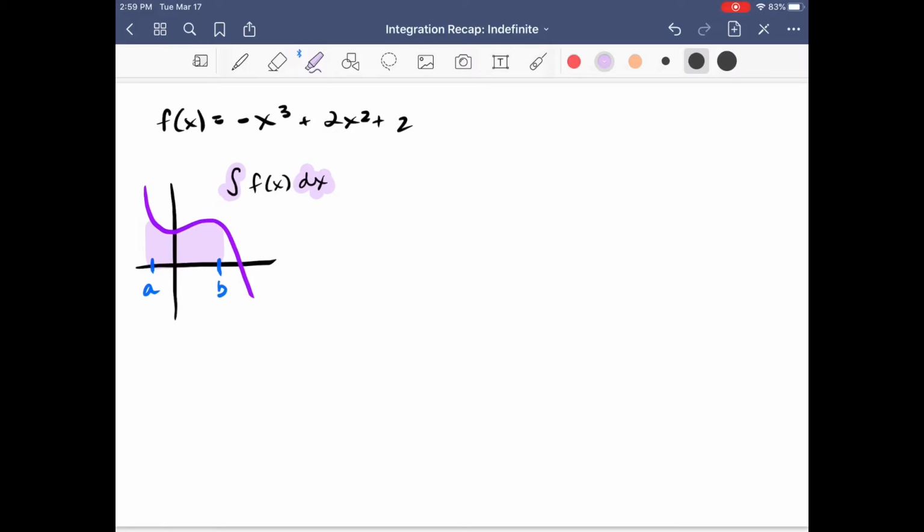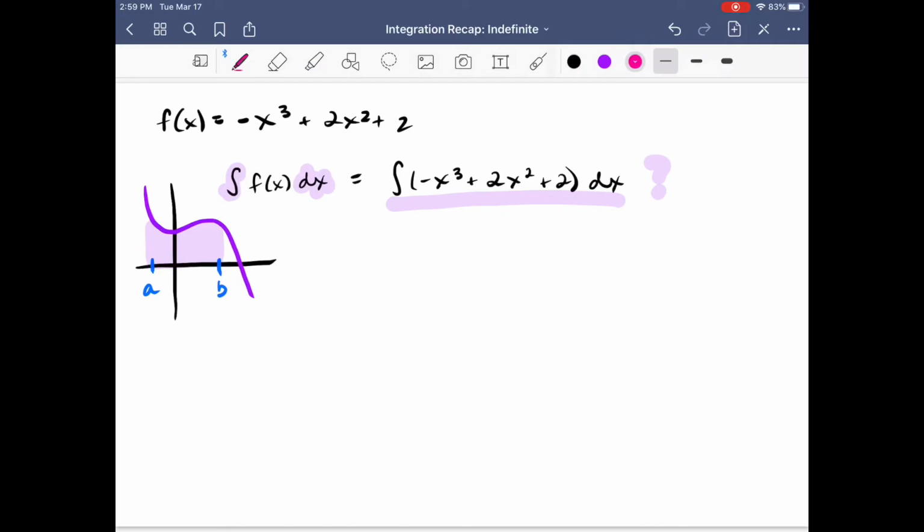It's also a nice way to remind me when the function ends that I'm integrating. So in this case, I have my f of x above. So what I want to be doing is taking the integral of minus x cubed plus 2x squared plus 2 dx. So that is my goal. How do I do this? That is the question, and that is what we will be answering in the rest of this video.